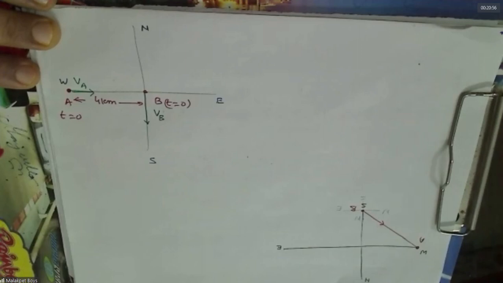Okay. What is A1B? Can you tell? 4 minus VAT. 4 minus, what is the speed of this? 80. Similarly, B comes somewhere here. Okay. What is BB1? B moves. This is t equals t. This is the location at t equals t.